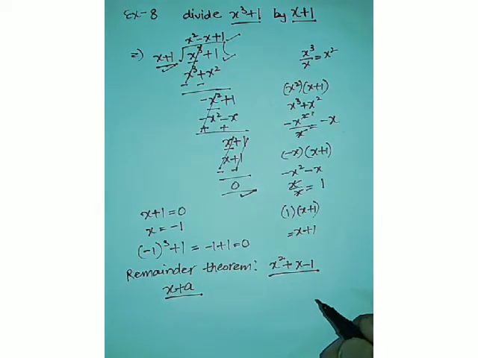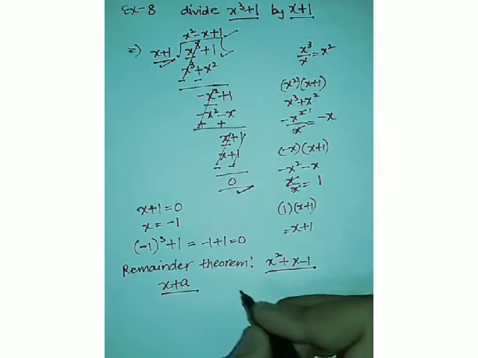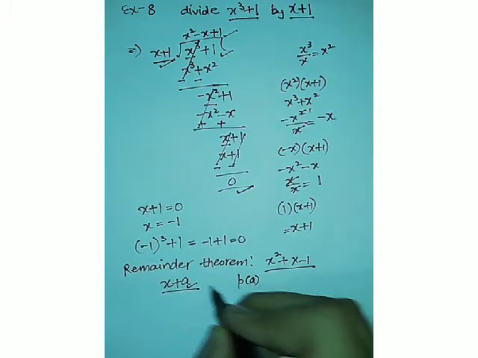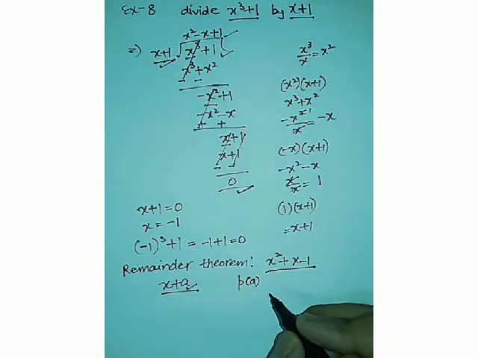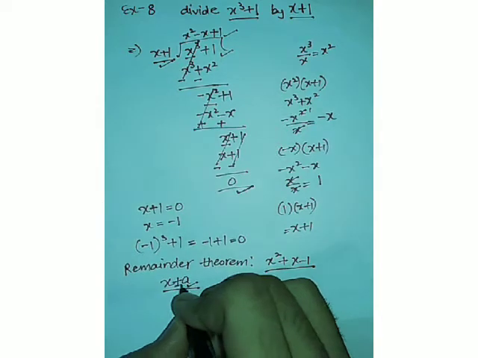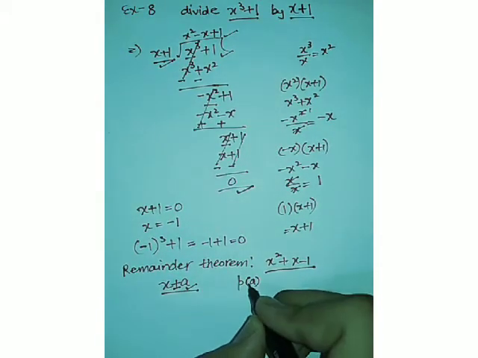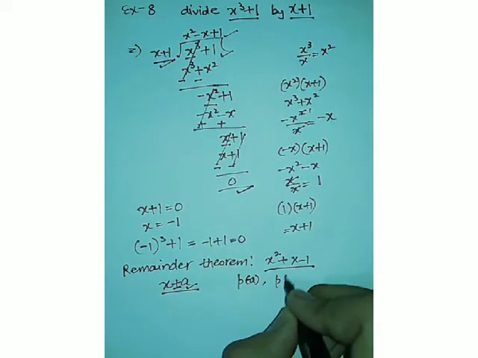Then the remainder will be p of a. It means the value that we will find from this will be the remainder only. For x plus a, your remainder will be p of minus a, and in the case of x minus a, your remainder will be p of a.